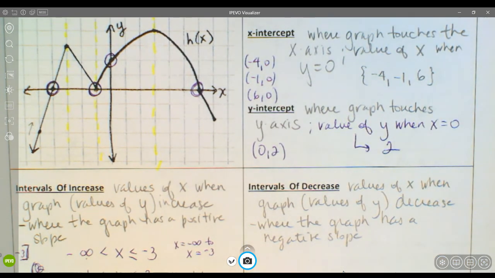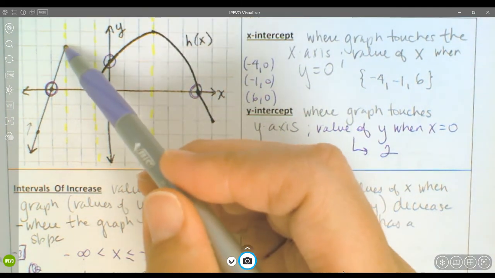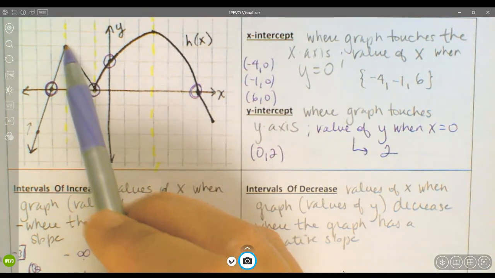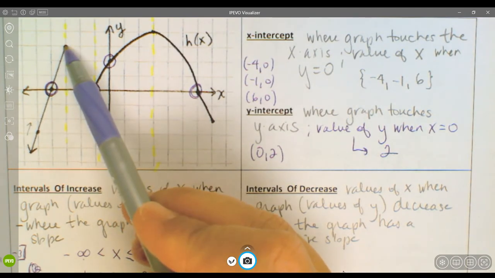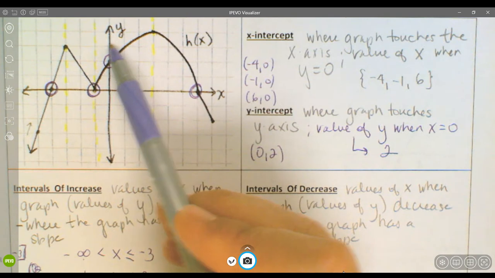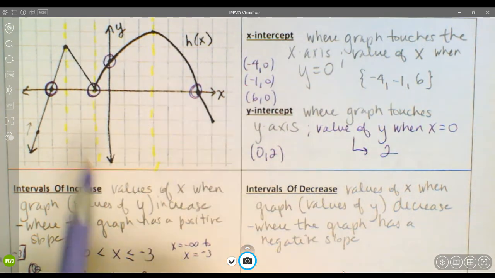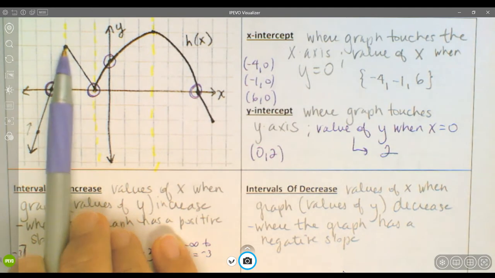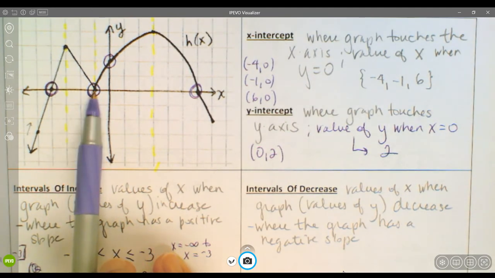So when I look at this graph, I see I'm going downhill from x equals -3 to x equals -1. Even though I'm touching this point, I don't want you to be focused on the y coordinate. You need to be focused on the x. Look where my dotted lines are. So when x equals -3 to x equals -1, my graph is decreasing.